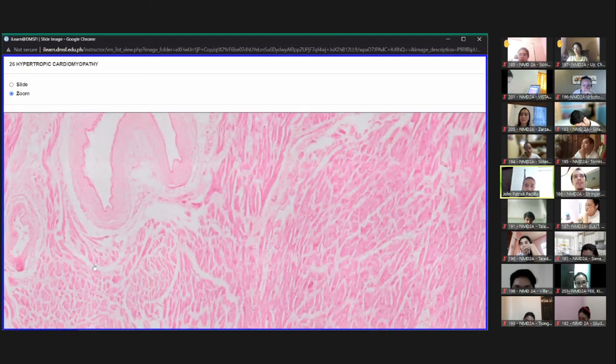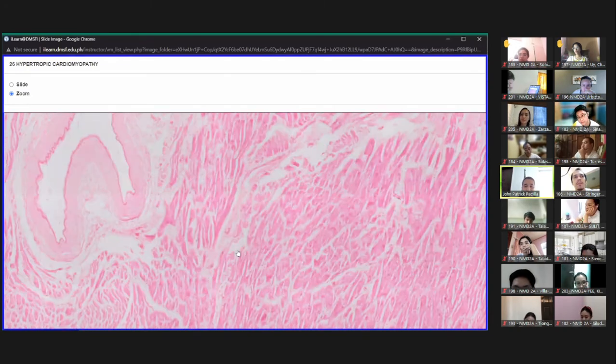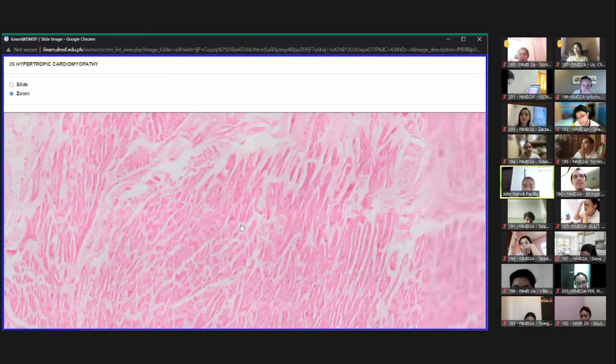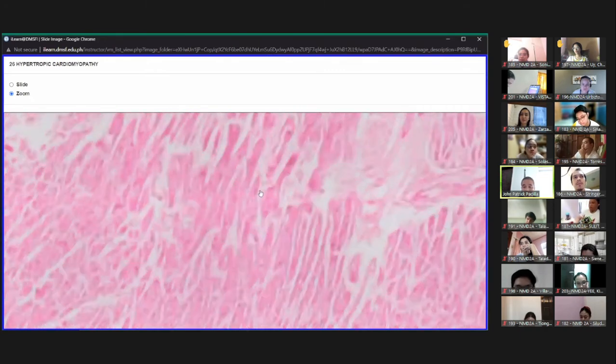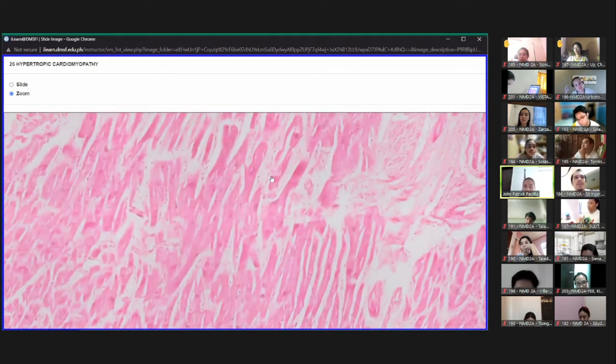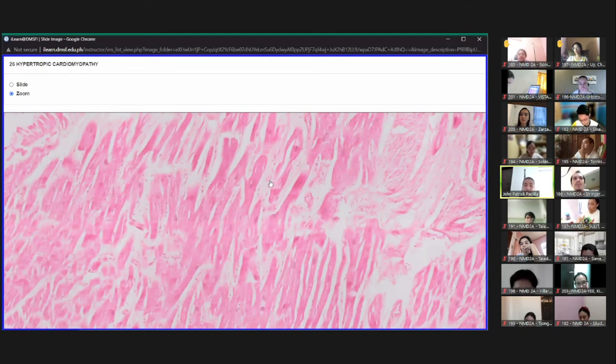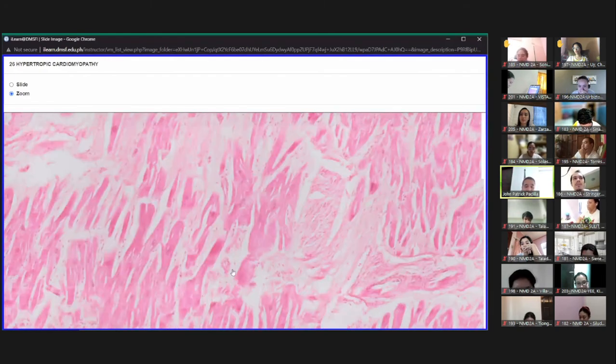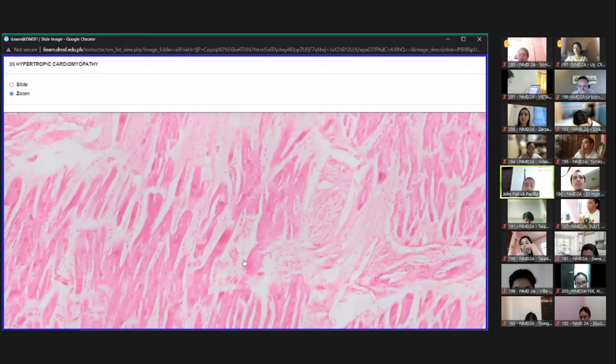Another feature is that there should be hypertrophy, so the myocytes should be very thick. Again, hypertrophic cardiomyopathy is associated with a genetic mutation of the sarcomeric protein.